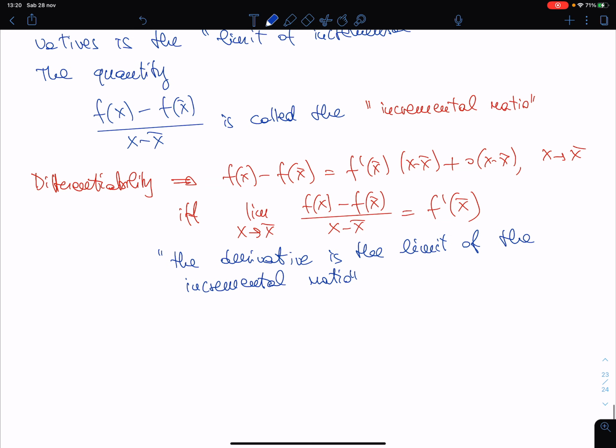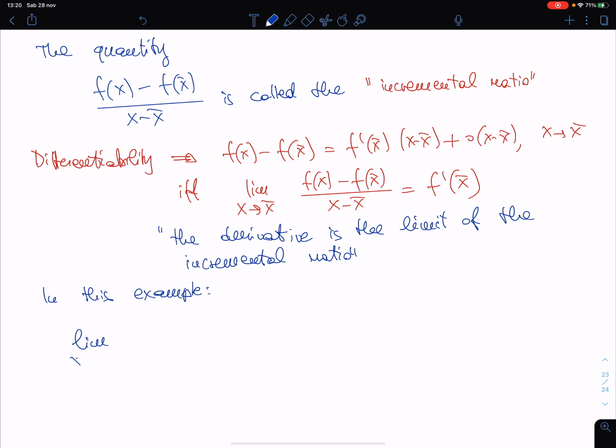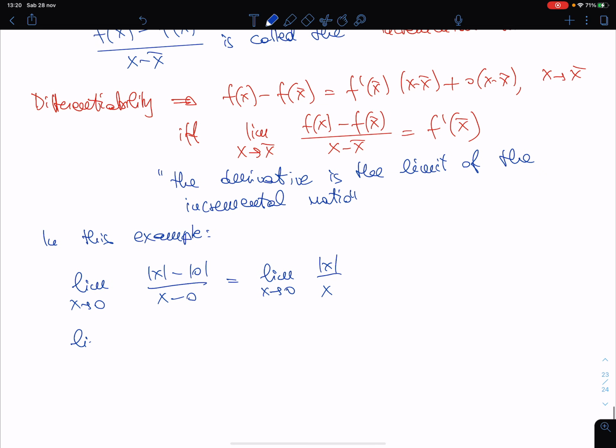Okay, now use it for this example of the absolute value. In this example, we have that the limit for x going to 0 of modulus of x minus modulus of 0, which is 0, divided by x minus 0, is equal to the limit for x going to 0 of modulus of x divided by x. Here we have that the right limit is 1, and the left limit is minus 1.